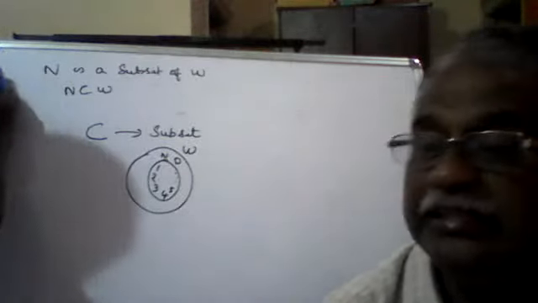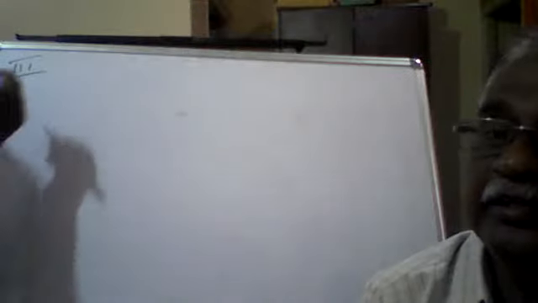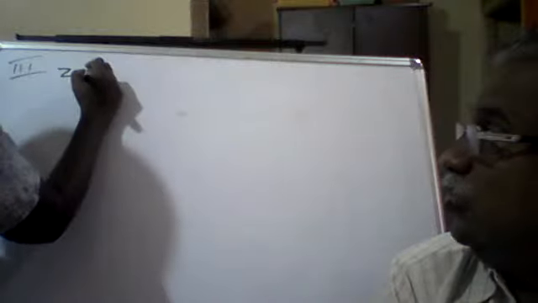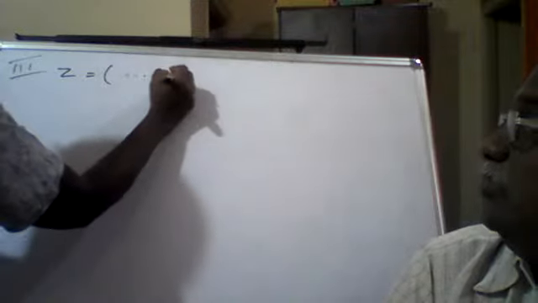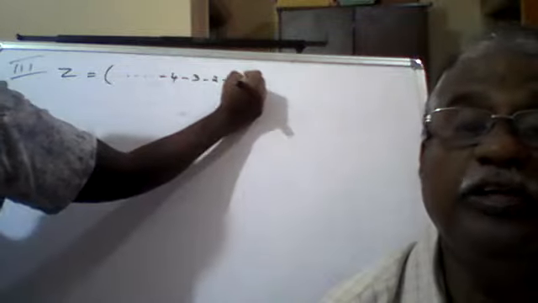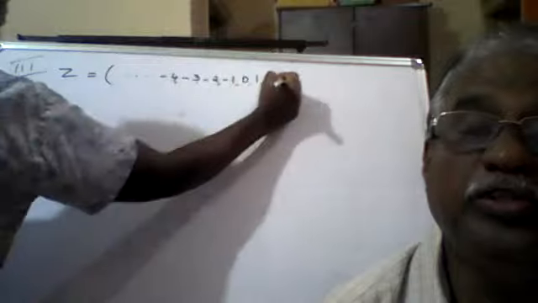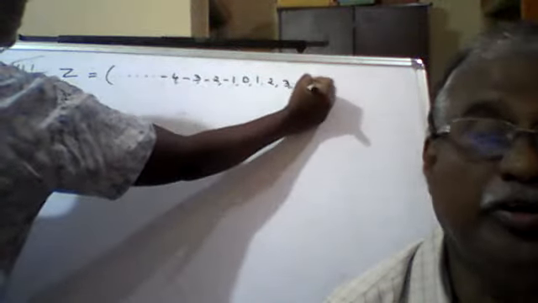Now the third one. The first is natural numbers, the second is whole numbers, and the third one is called integers. Put Roman numeral 3, and write capital Z equals, in brackets, dot dot dot, -4, -3, -2, -1, 0, 1, 2, 3, 4, dot dot dot.